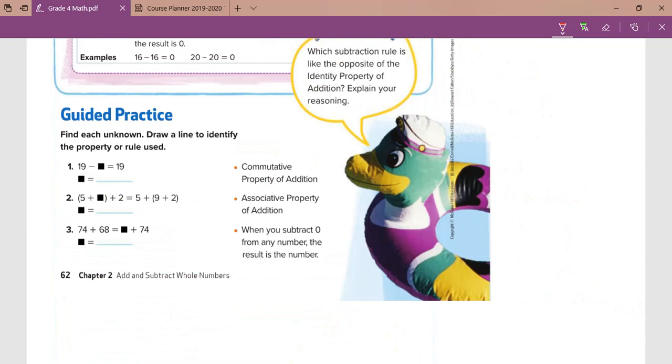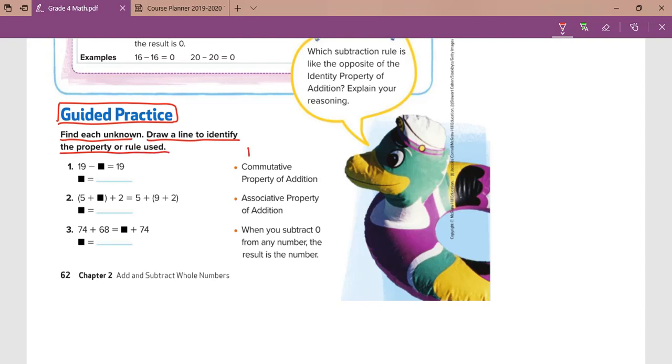Okay, so now let's look at this guided practice. It's your time, so you can pause the video, try the questions, and afterwards you can play it back to see if you are correct. So the question says, find each unknown, draw a line to identify the property or rule used.